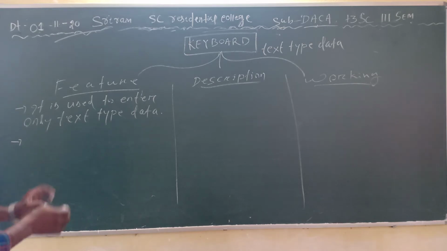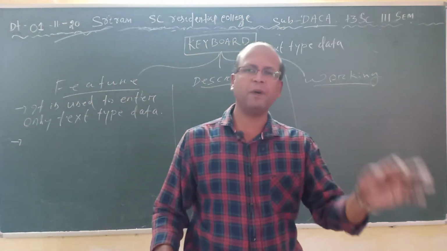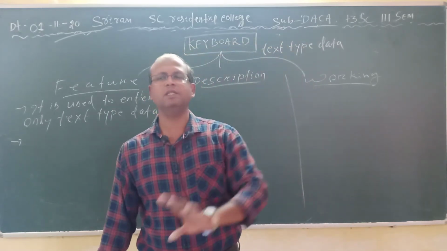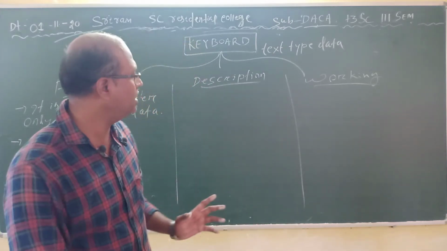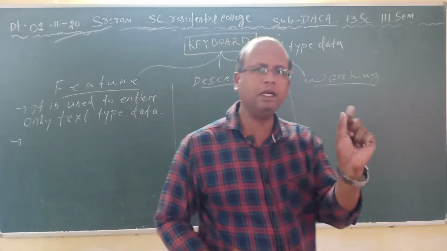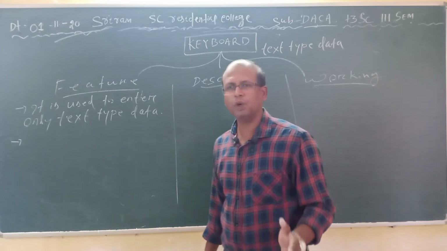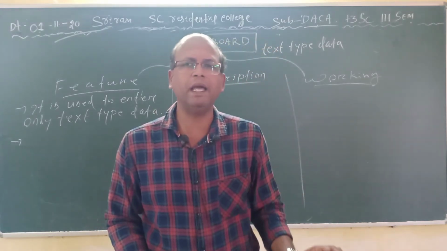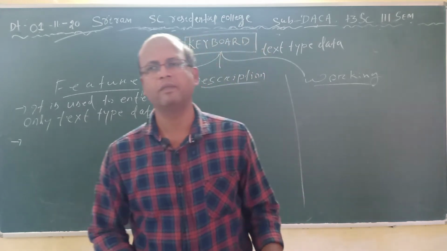When you press some keys on the keyboard, that key is displayed on the monitor where the cursor is. What is the cursor? On the screen you can see a small vertical line, or underscore, or a blinking line. That is known as the cursor.